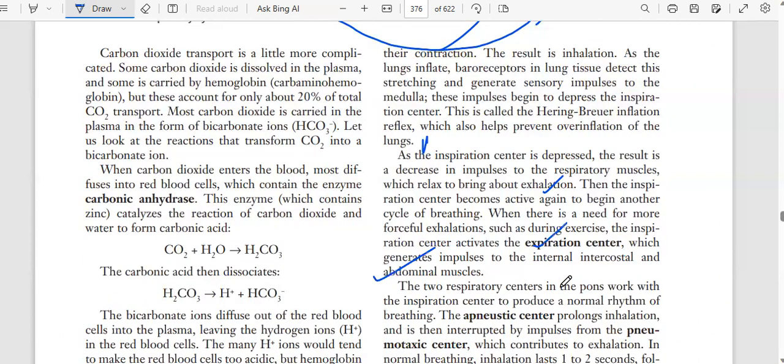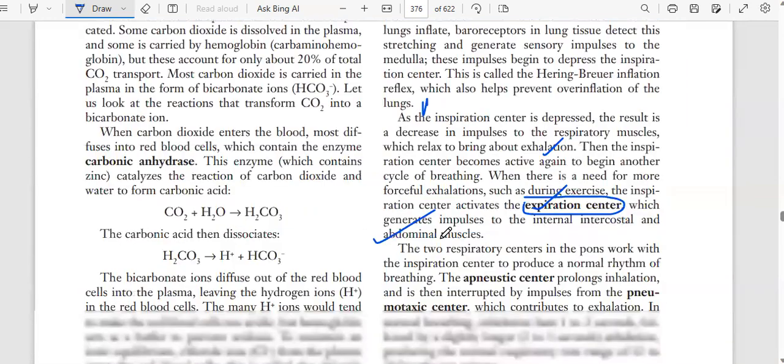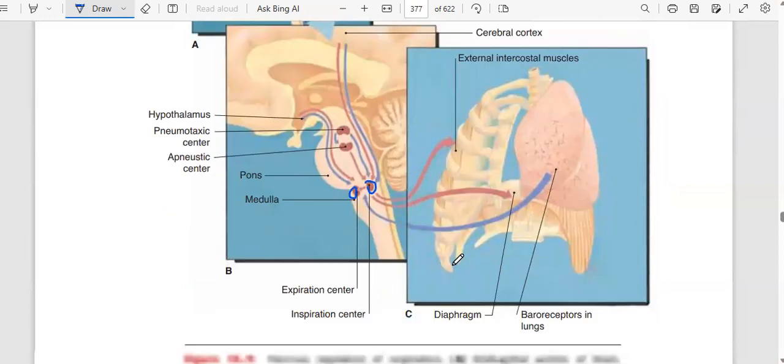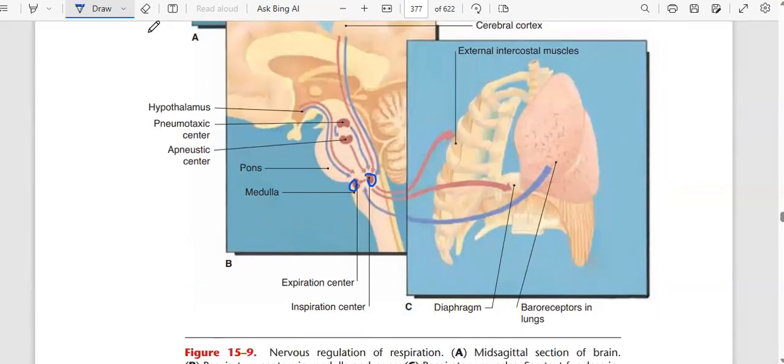But whenever we are doing exercise, any strenuous work, or any work which gives stress, the expiration center will activate because we need more expiration and more inhalation. Here in the brain we have the expiration center. You can see here, this is the expiration center.